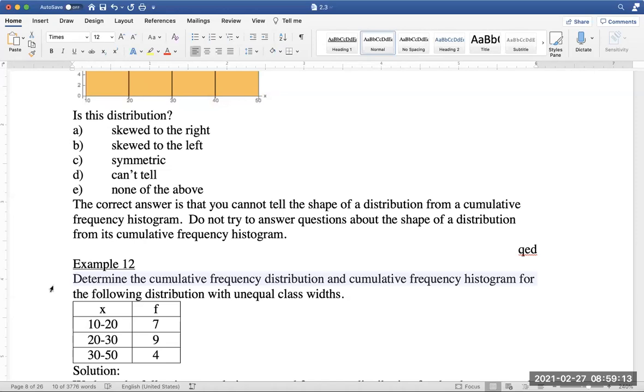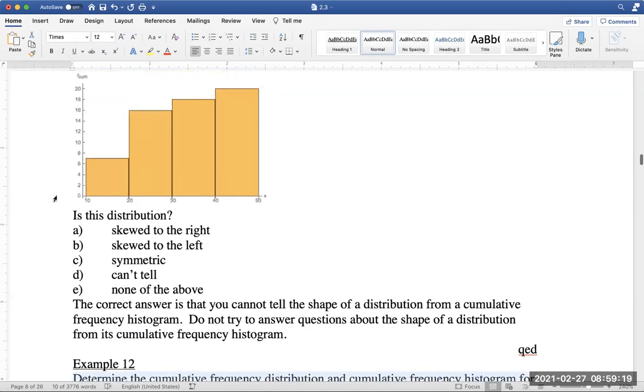Oh, by the way, remember you always look at tails. So if the shape of some distribution had a tail to the left, it would be skewed to the left.